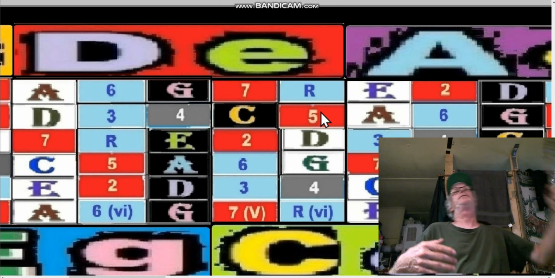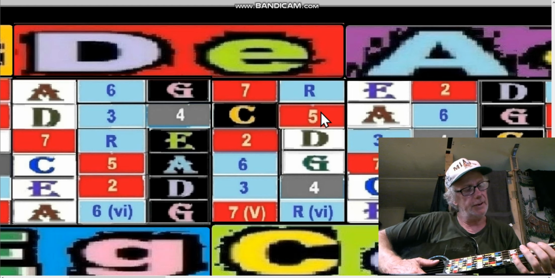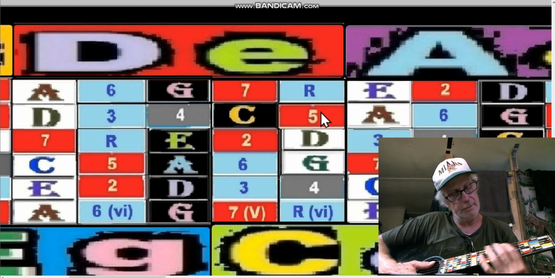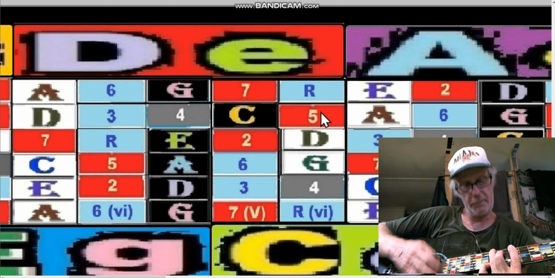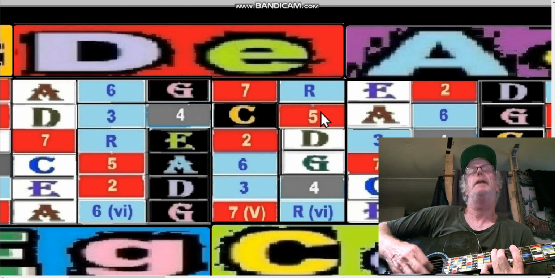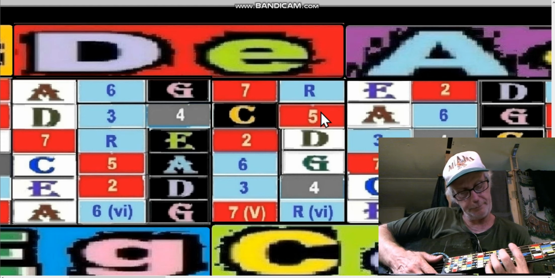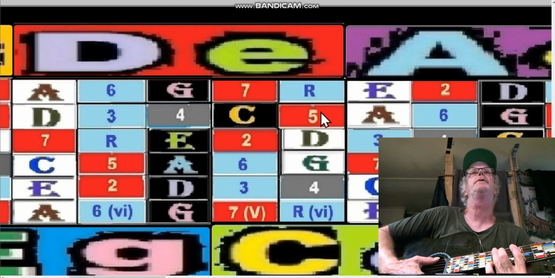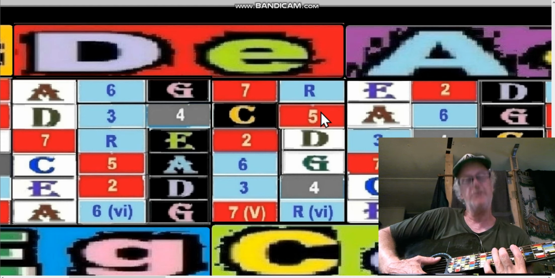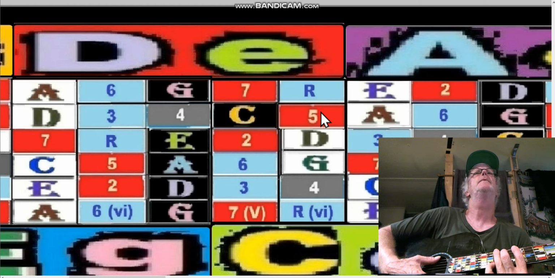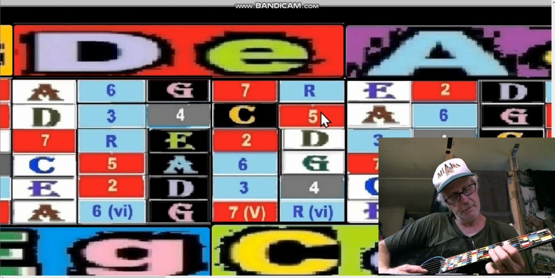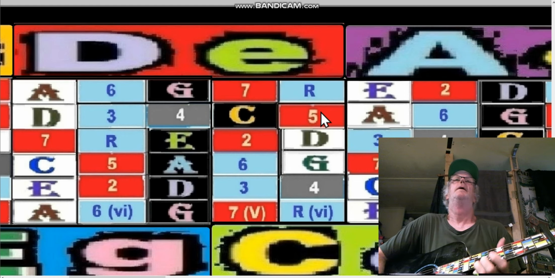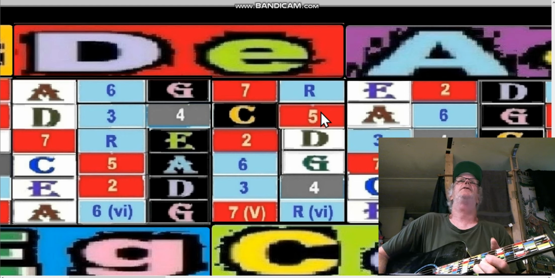So if you're doing it in the G box now, we want to do a root shaped G. And then we're going to do a D shaped. Are we in the G box? I hope we're in the G box here. We should have a G-shaped root here. Okay, now let's just go to the 6th.